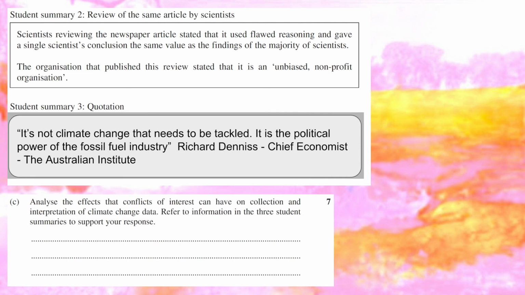You can also bring in the idea that the graph may be showing a correlation, but there may not be a causative effect. And again, what I'd suggest you possibly do is use dot points, maybe even use a table of information. Student summary 1, this says this. Student summary 2, and then link them all together.